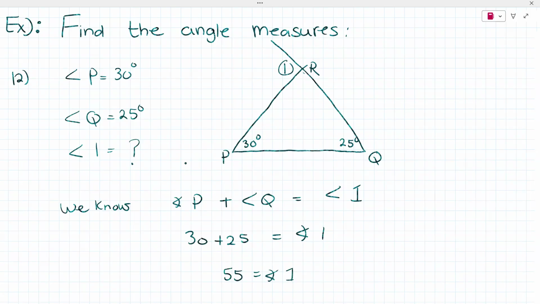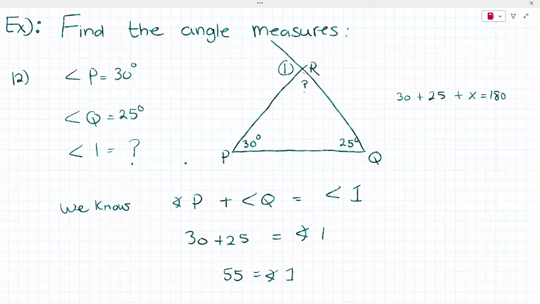Okay, what else do we know? Is there another way we could find angle 1? Yeah, we can. We could figure out what this angle is, which is really simple, because what do the interior angles add up to? 180. So you could say 30 plus 25 plus our unknown, let's call it angle x, adds up to 180.